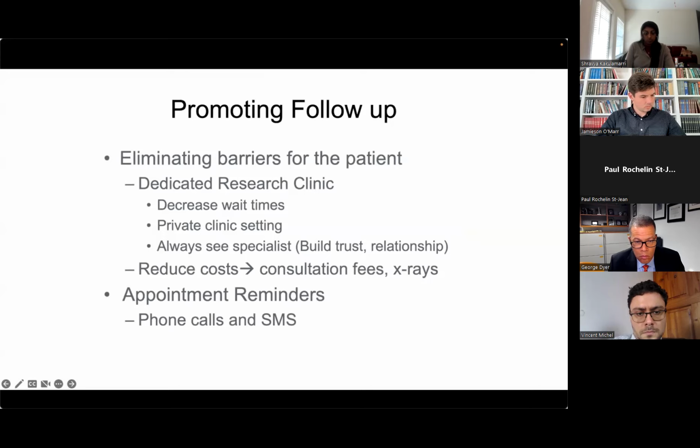This requires building trust and relationships. How do we reduce costs to patients, right? Because if those patients are paying money to come and follow up, that's a barrier. Often patients won't come back for follow-up visits because they're required to pay more.